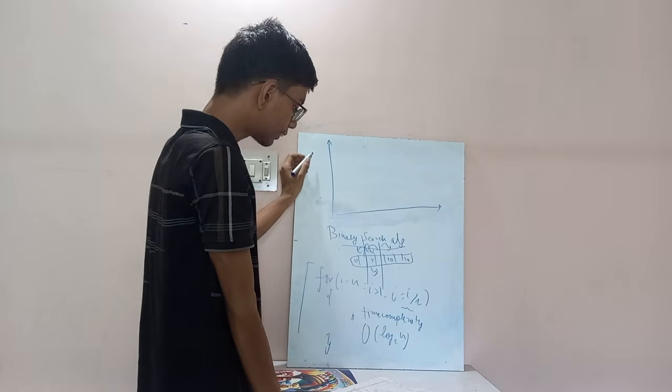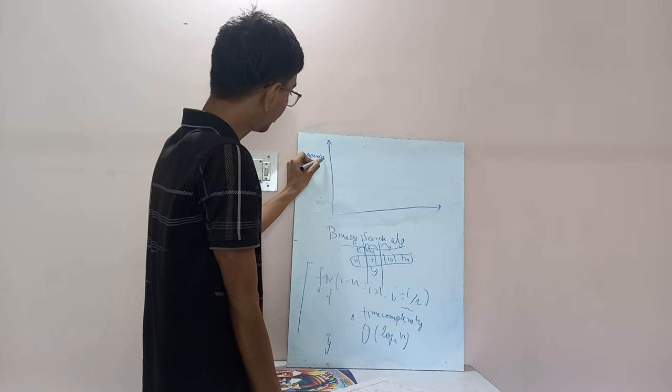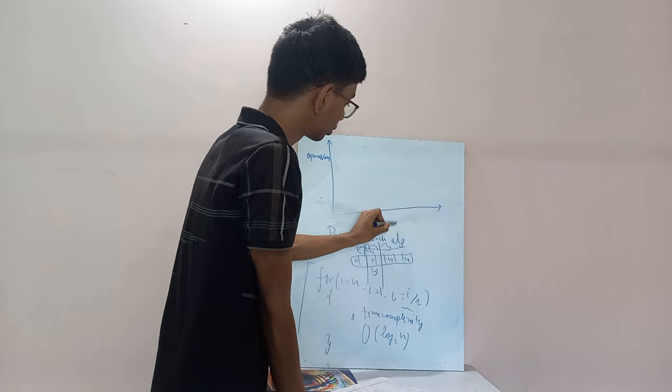On y-axis, the number of observation or operations I will plot, and on x-axis, number of elements, right?